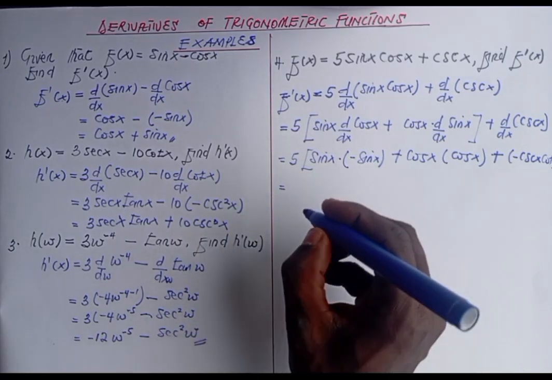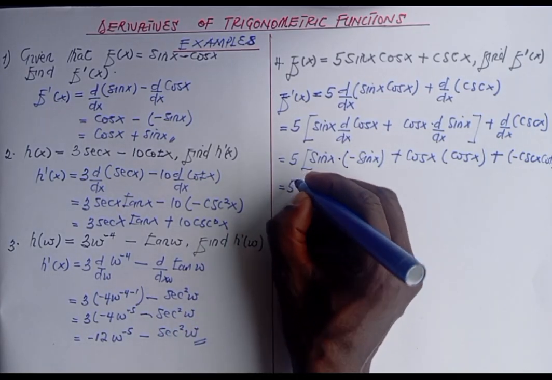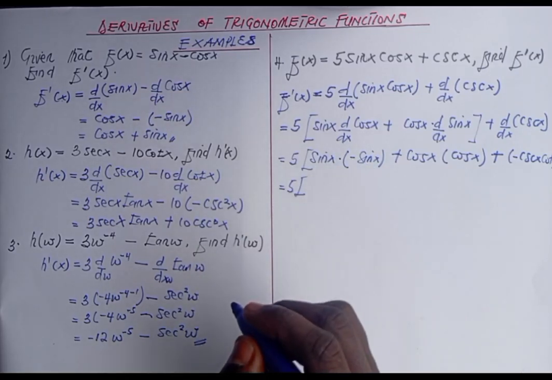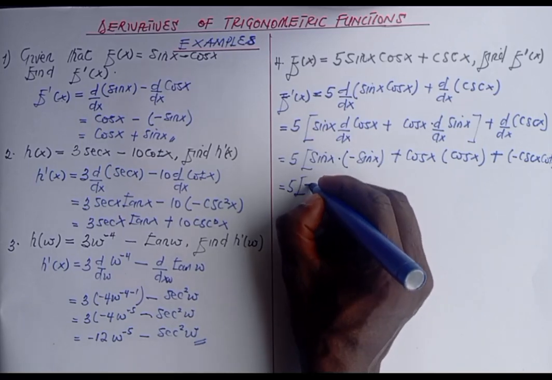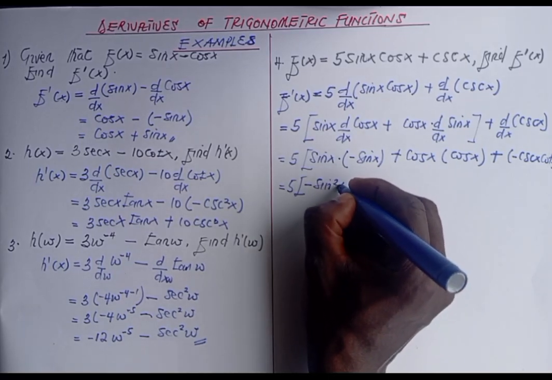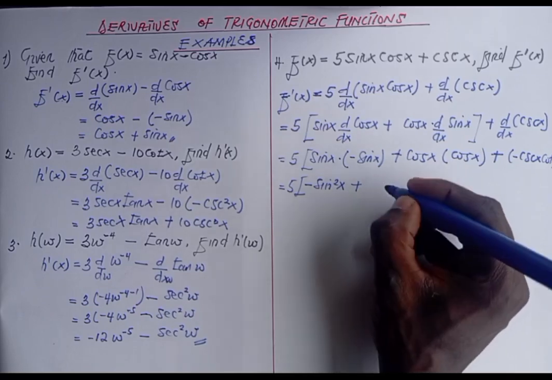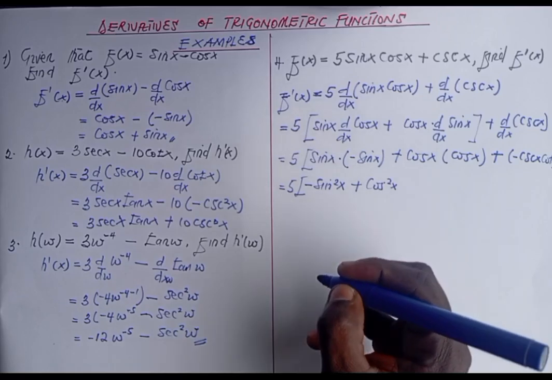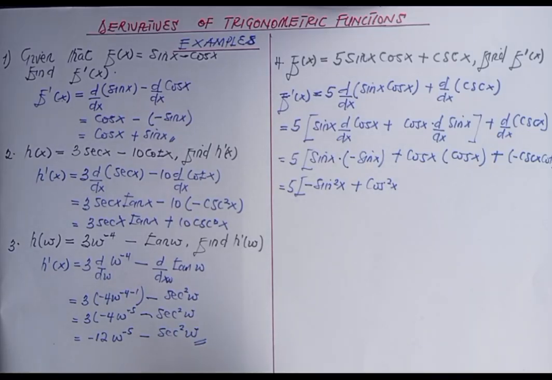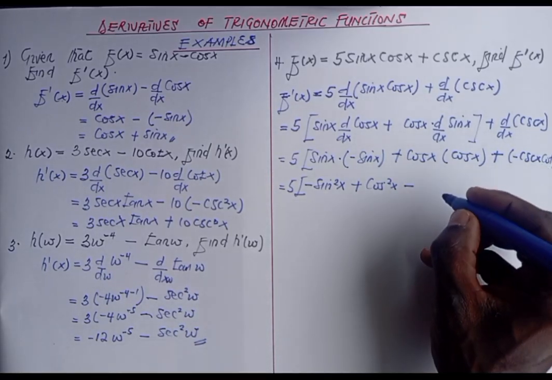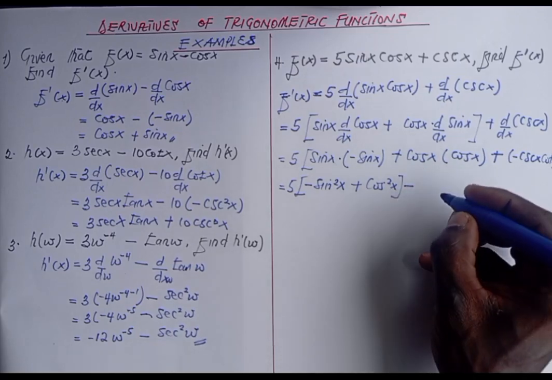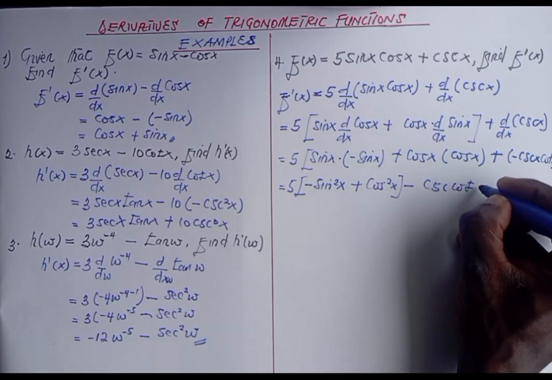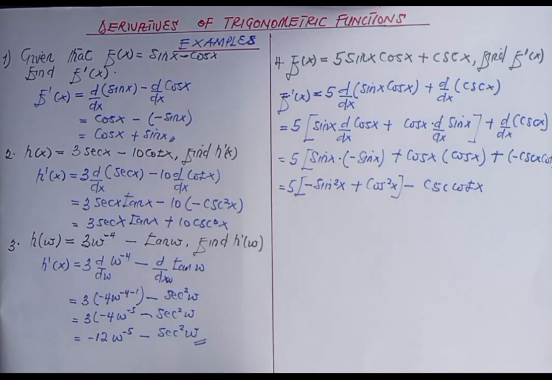So let's do some little algebra here and then see what we are going to get. Sine x times sine x, we are getting sine squared x, but we have negative here, so we have negative sine squared x. Then we have cos x times cos x, we are getting cos squared x, or cos x all squared is the same thing. And then we have minus, there is a bracket here, cosec x cot x.